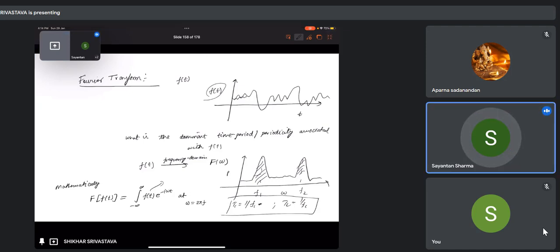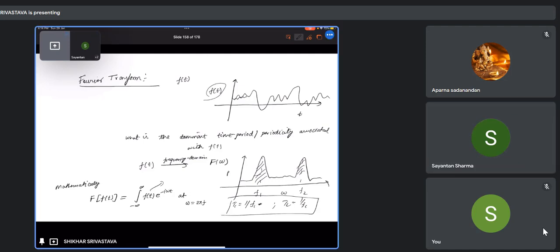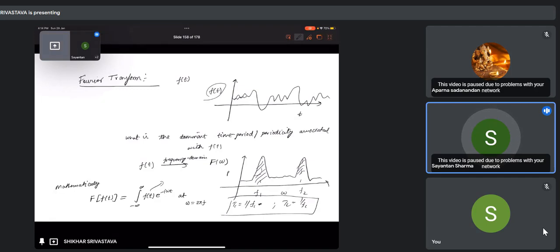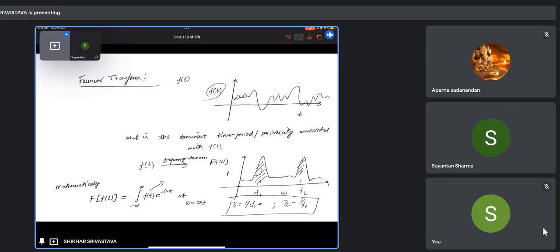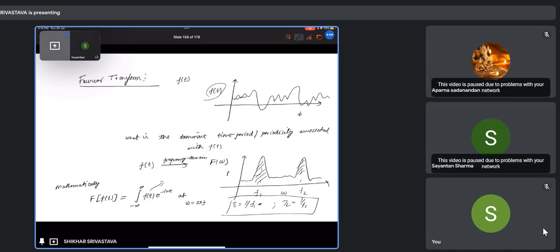One question here: when you represent the Fourier transform in this integral form, you are not writing the 1 by root 2 pi part. Are you including it in the inverse transform then? That is just a normalization constant, so it's up to you.